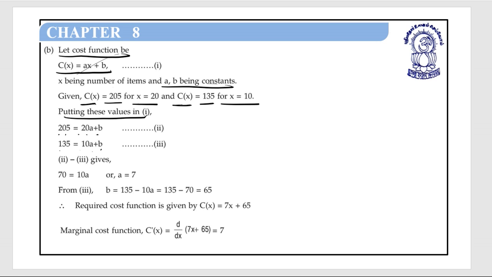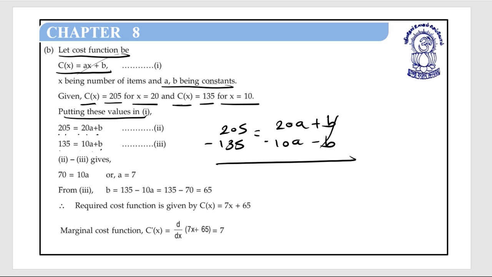Equation 2 minus 3. 205 minus 135 is equal to 20a plus b minus 10a minus b. Plus b minus b cancel. 20 minus 10, 10a. So 70 is equal to 10a, so a is equal to 7.